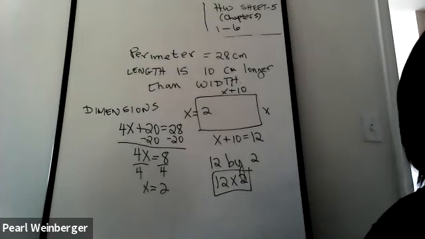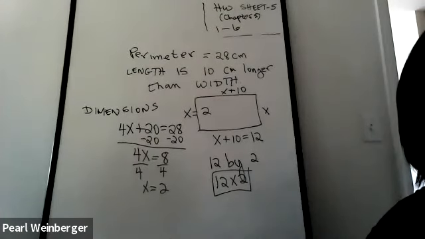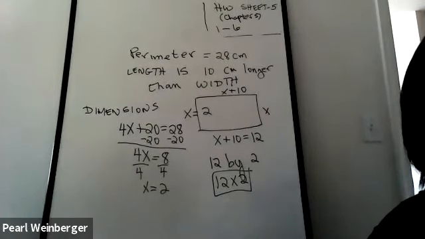Does anybody have any questions as to what is in store for them? Remember, Delta Math test will be available this afternoon. It has to be completed by 10 o'clock tomorrow night.